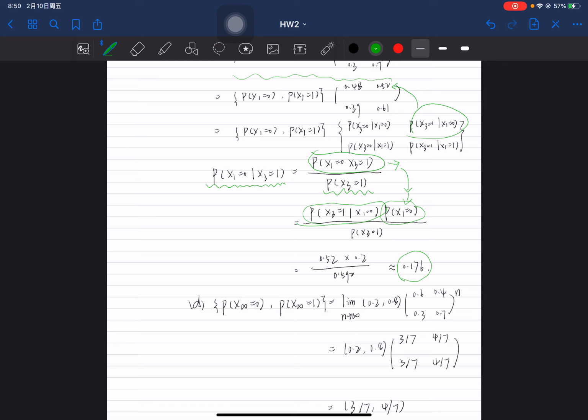For question D, we should find the limit of the probability of xn equals 0 as n approaches positive infinity.